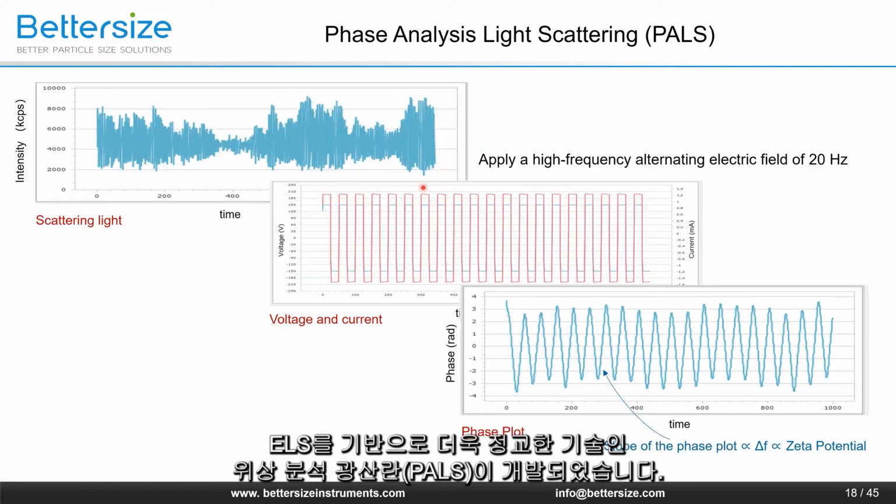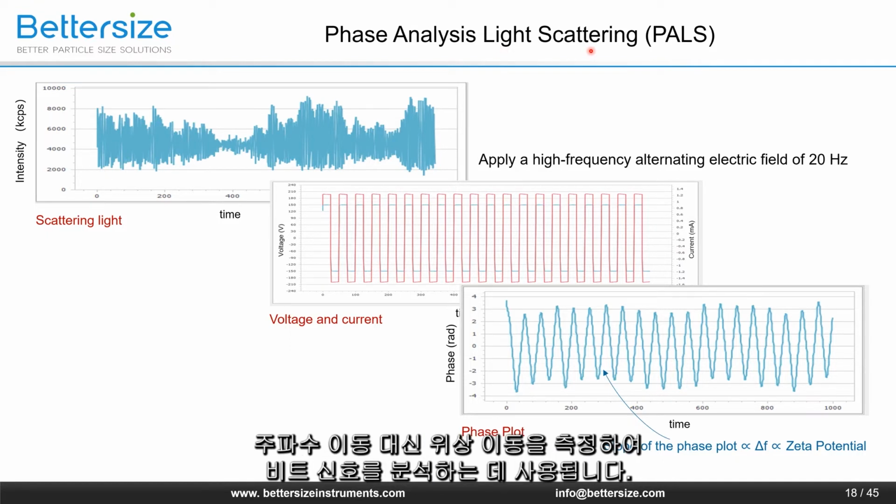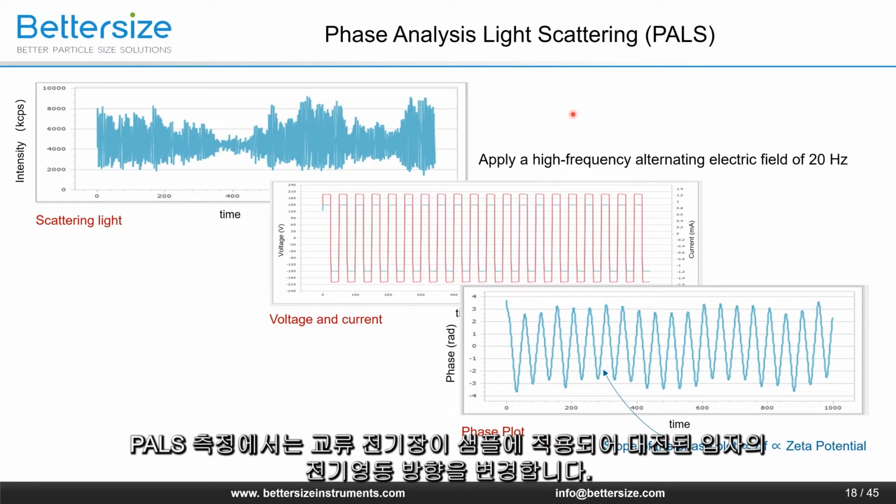Based on ELS, a more sophisticated technology, phase analysis light scattering, PALS, has been further developed. It is used to analyze the beat signals by measuring the phase shift instead of the frequency shift. In a PALS measurement, an alternating electric field is applied to the sample to change the electrophoresis directions of charged particles.